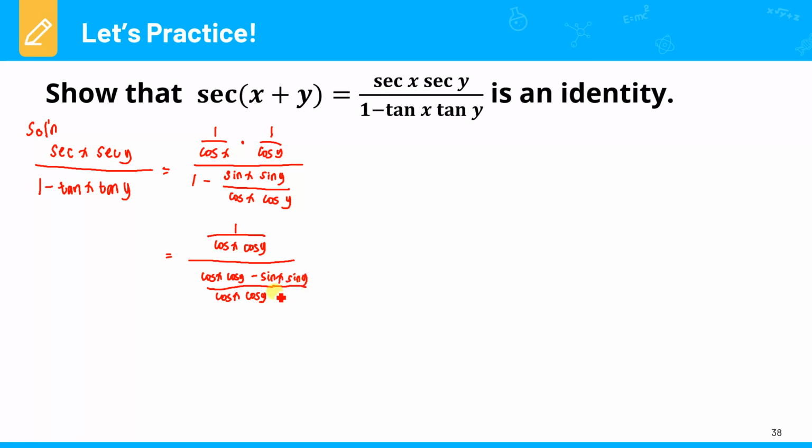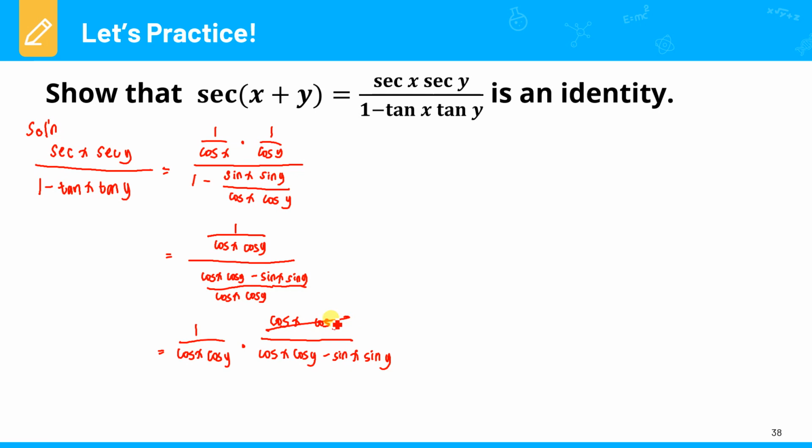Now, for this case, we can multiply the numerator by the reciprocal of the denominator. So you have 1 over cosine x cosine y, multiplied by cosine x cosine y all over cosine x cosine y minus sine x sine y.